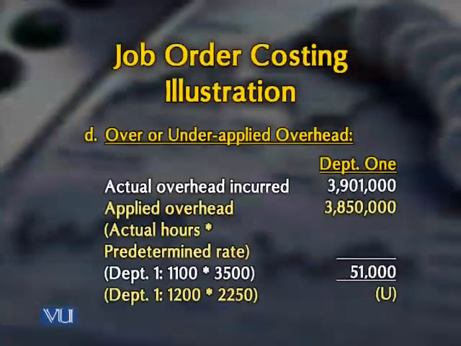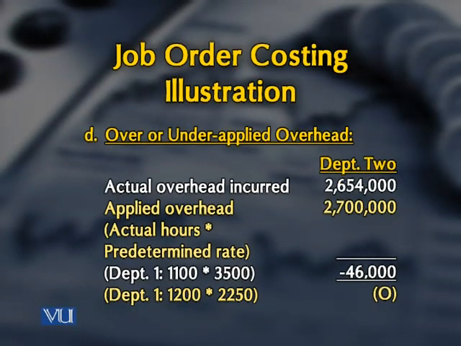But in this particular job, look at what we did. In January, we incurred 3.901 million in Department 1 and 2.654 million in Department 2. So the total is 6.55 million in the month of January only. Applied is 3.850 million in Department 1 and 2.7 million in Department 2. So the total comes to 6.550 million.